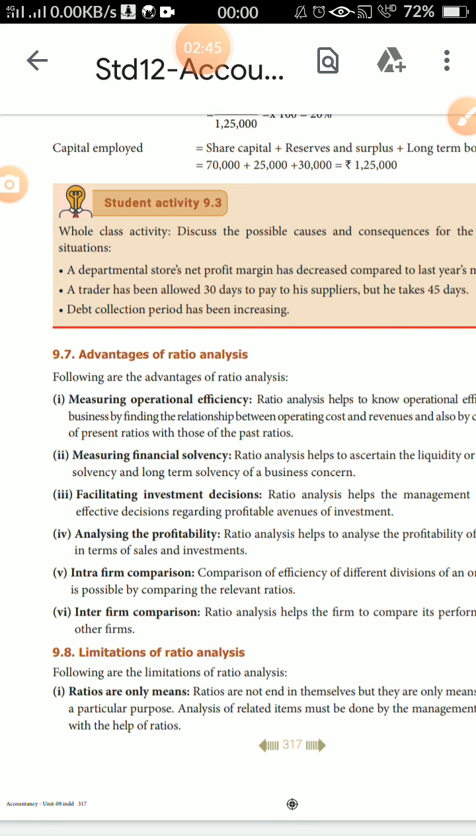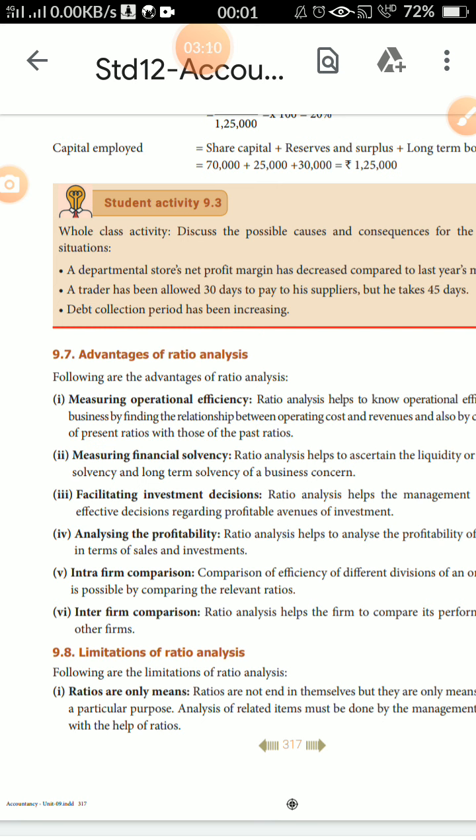Ratio analysis helps the management in making effective decisions regarding the profitable revenue of investment. Analysis of the profitability ratio helps to analyze the profitability of the business in terms of investment.